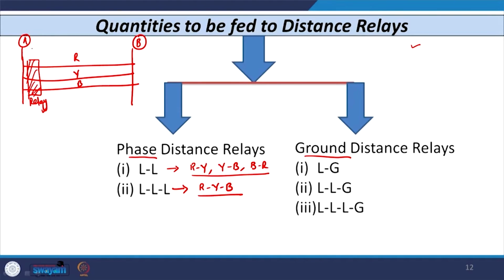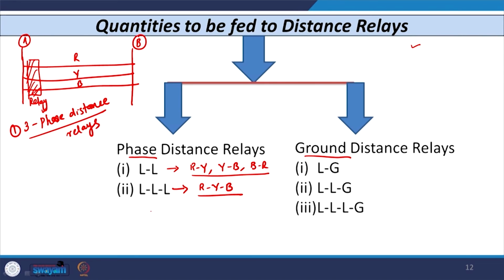So, if I have a relay here at bus A to protect this single circuit transmission line, then I need 3 phase distance relays, one for each phase. So, 3 phase distance relays are required to take care of either line to line fault or triple line fault.